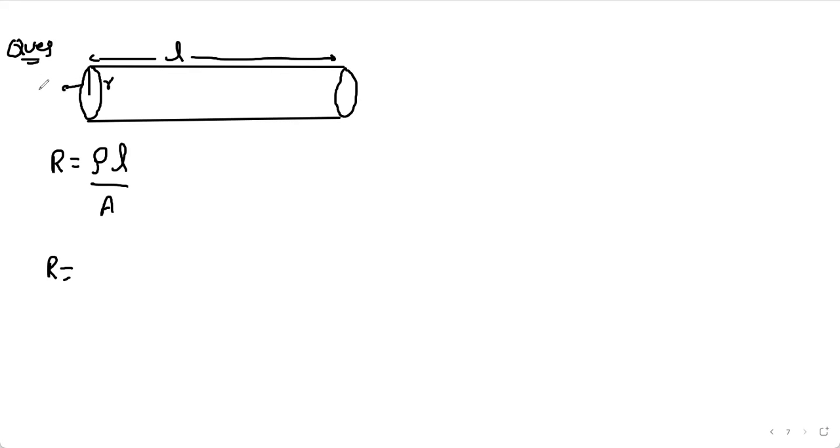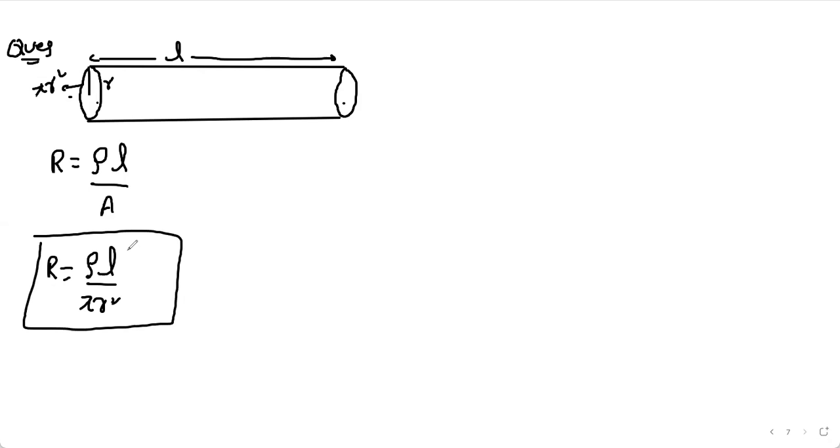The area of cross section of this end is pi r square, and L is the separation between the two areas of cross section. So resistance will be rho L over pi r square. Remember, L is always the separation between the two ends.